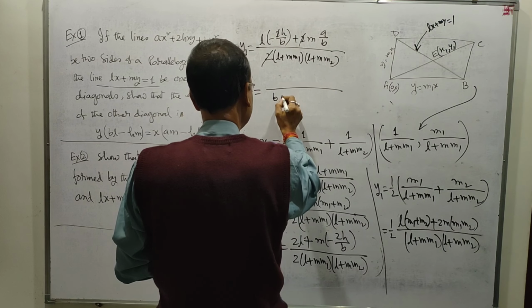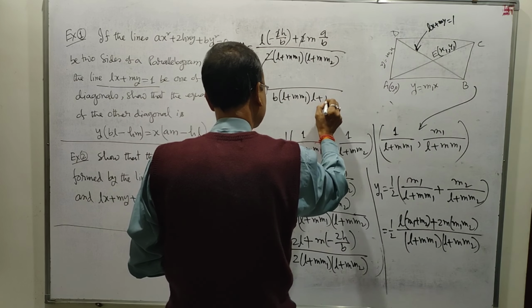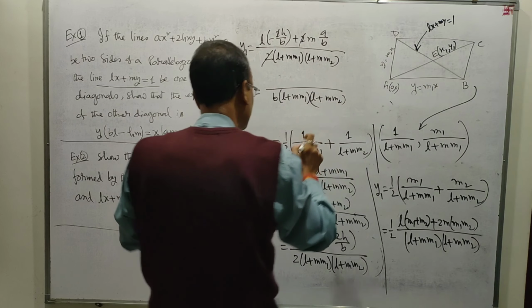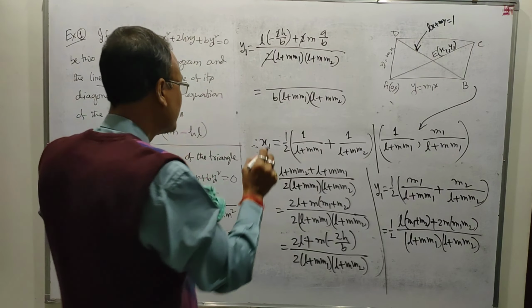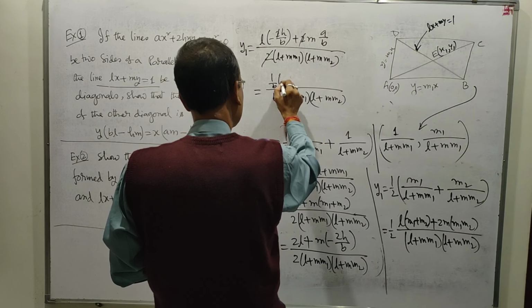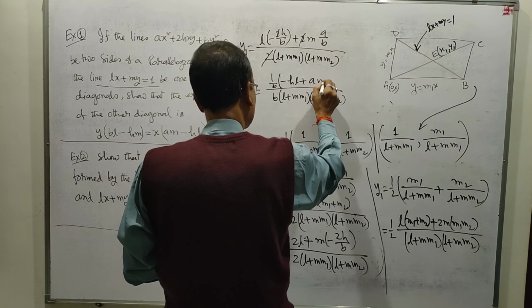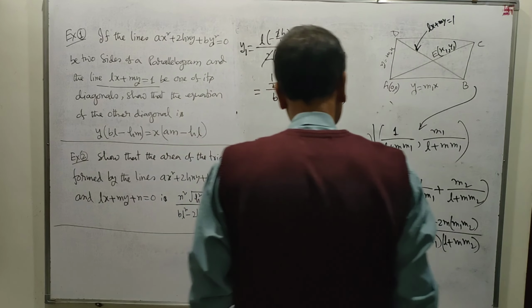You will get B into L plus M M1, L plus M M2. And here also 1 by B minus HL plus AM.